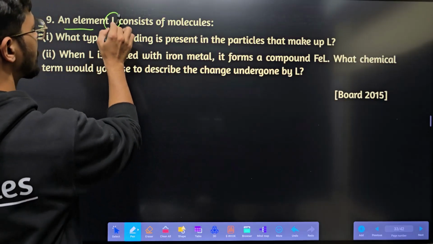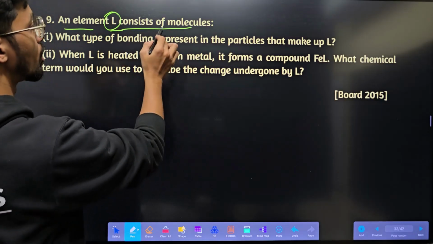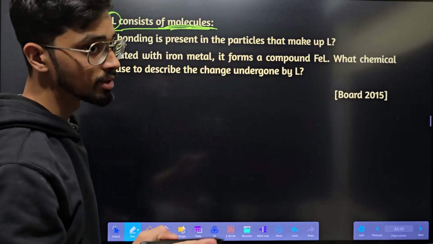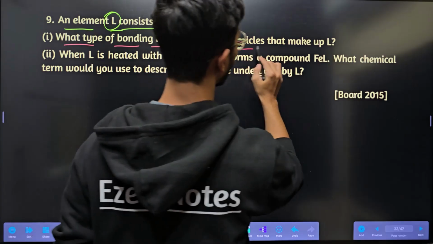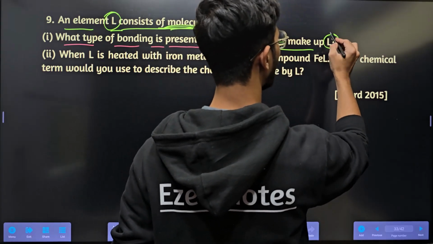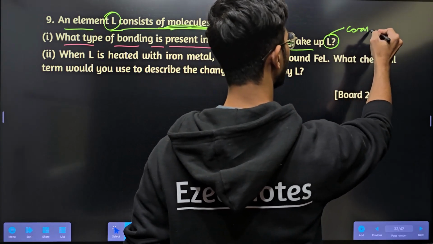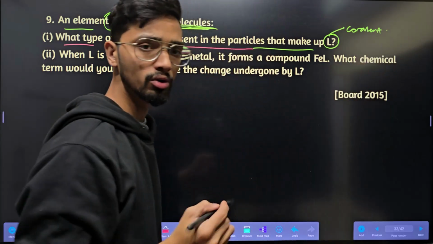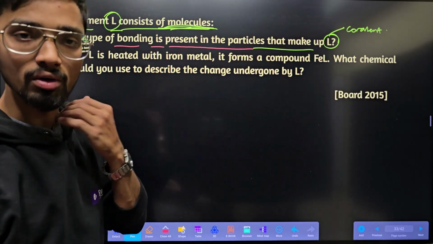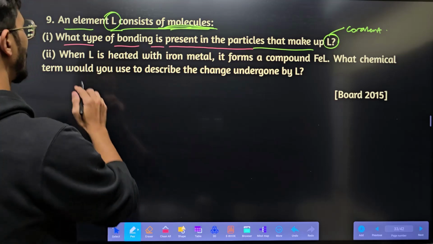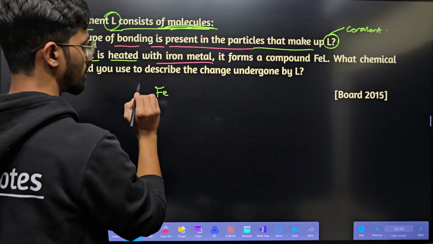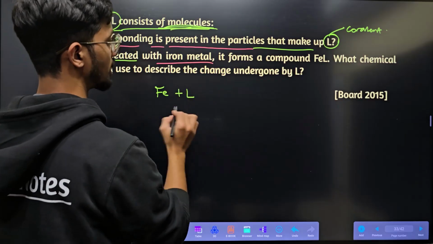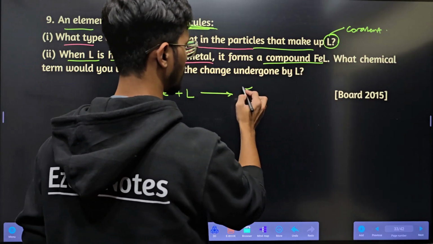An element L consists of molecules. So what is L? What type of bonding is present in L? Covalent bond, right? Because molecules are present in covalent bonding only. When L is heated with iron metal, it forms FeL.